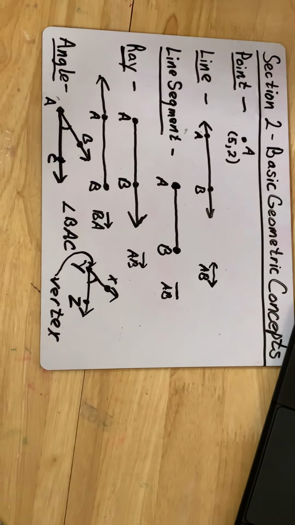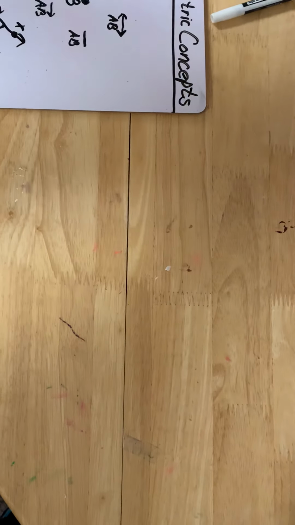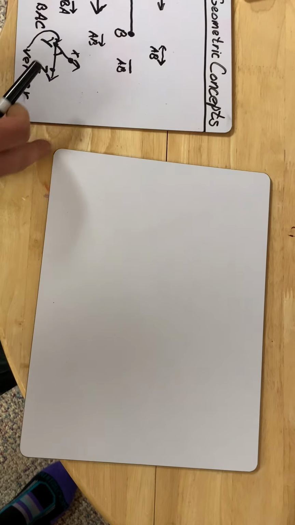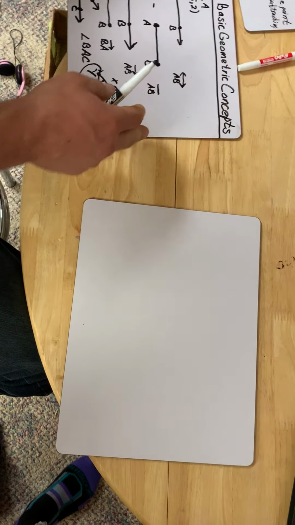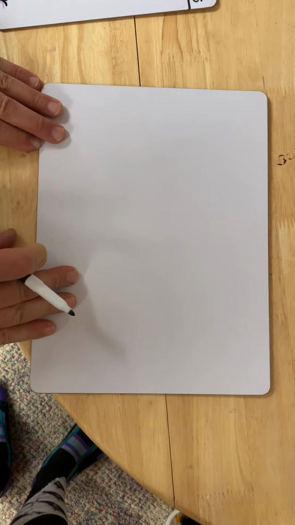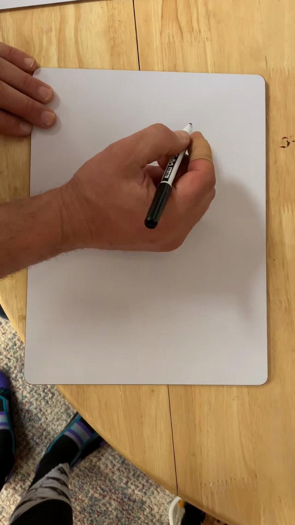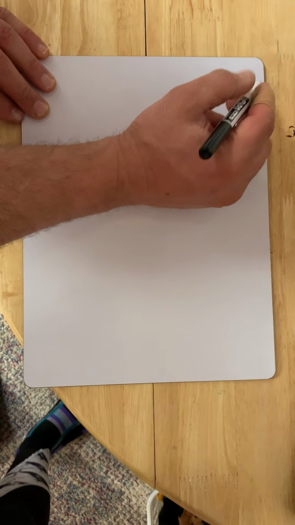I need to grab myself another whiteboard here. So what we're going to do here is on the topic of angles, sticking with the topic of angles, I should say.